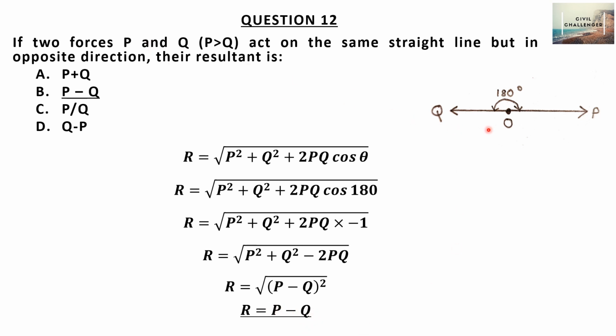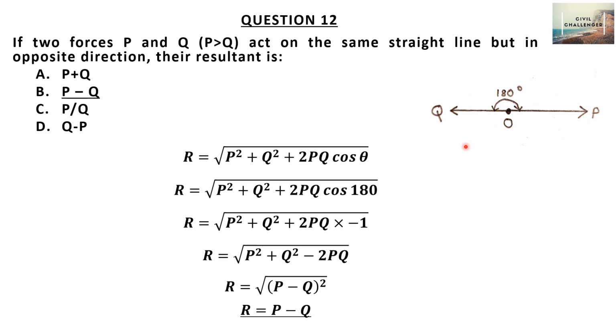The forces are acting opposite to each other, and if P is greater than Q, then we can say it's P minus Q. So the correct answer is option B. If two forces P and Q act on the same straight line but in opposite direction, the resultant is P minus Q. From this result, we can say that if forces lie on the same line, then we can simply add or subtract the magnitudes based on the direction of the forces.